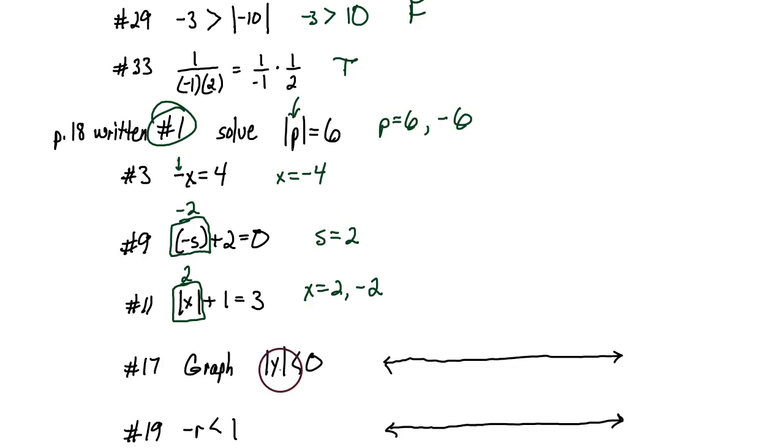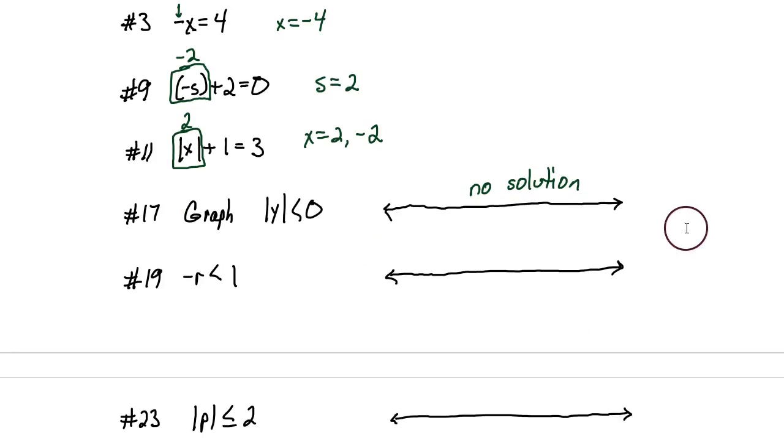Number 17, graph this absolute value inequality. Remember earlier we said that the absolute value of any number that's not a 0 is always a positive answer. There's no way that this absolute value can turn out to be less than 0. This has no solution, so we're not going to put any dots or do any shading at all on the line. Number 19, the negative of r is less than 1.